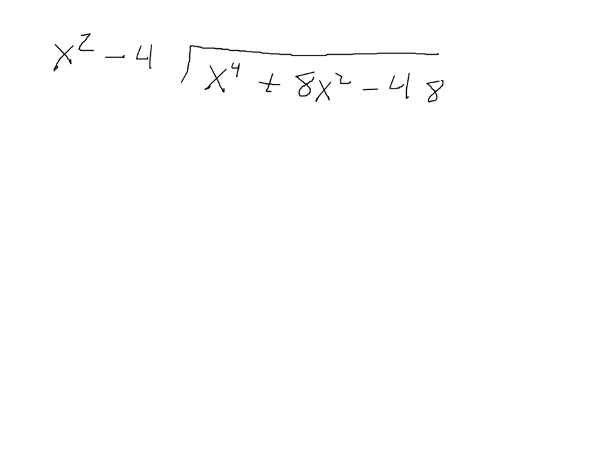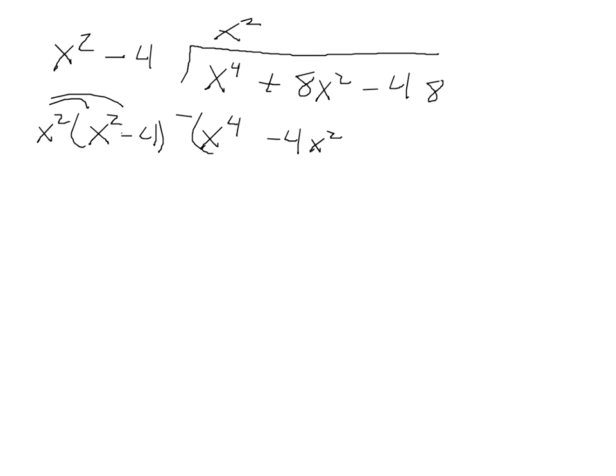Now we have to be careful here. So that's an x squared. So x squared times x squared minus 4 is x to the 4th minus 4x squared. So we distribute and we subtract. So we get 8 minus a minus 4, that's 12.